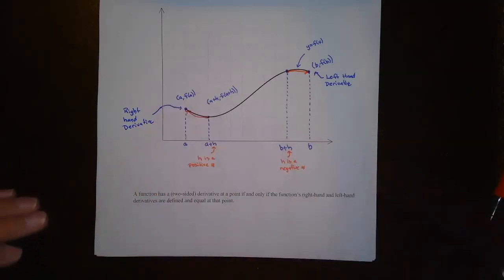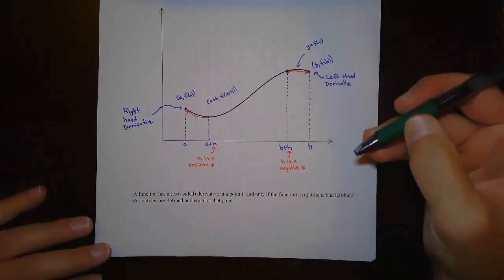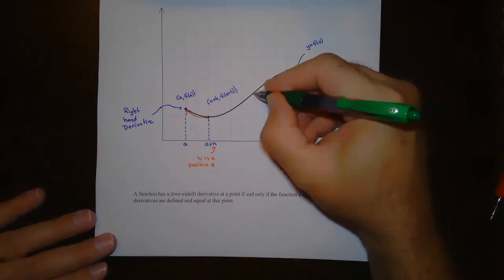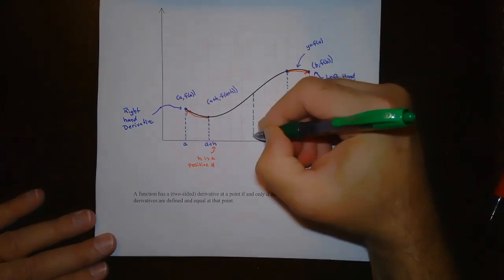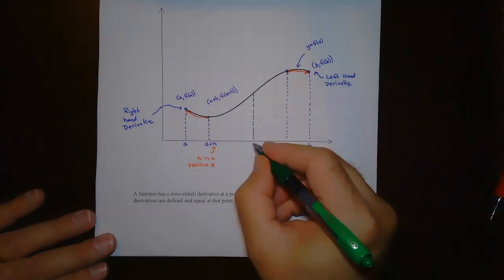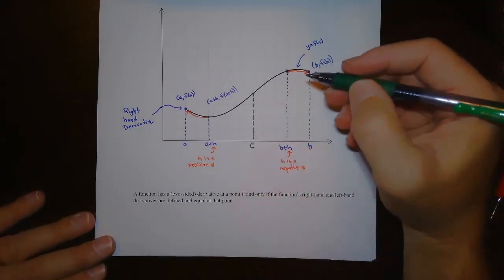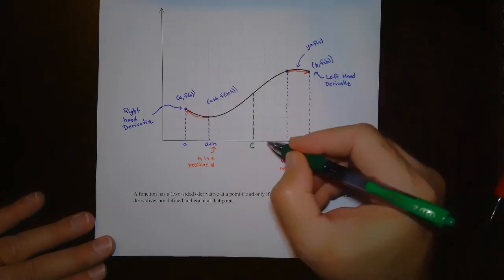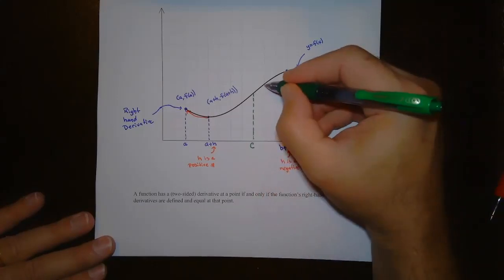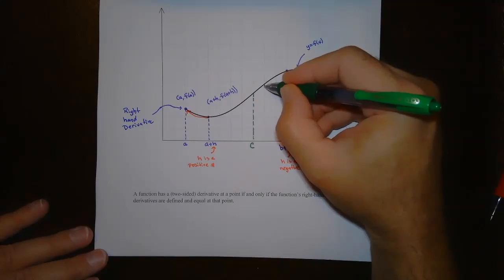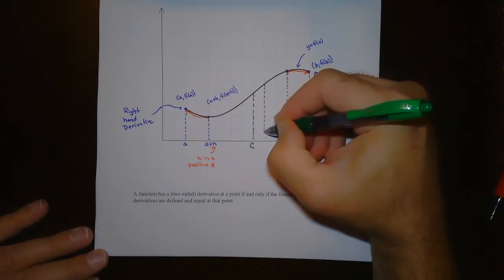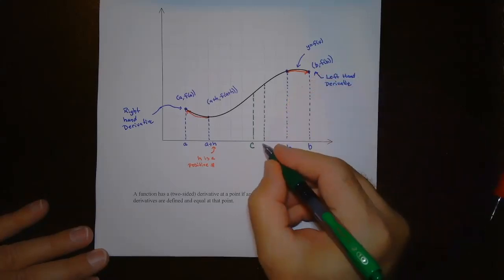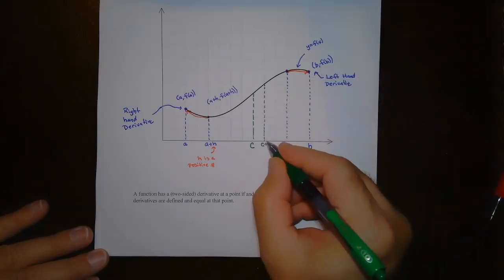That's this one, okay? All right, so I'm going to pick a point. Let's pick this right here. Okay, and that's point C. And I want to find the derivative at that point. Well, I'm going to add h to this, so this becomes C plus h.